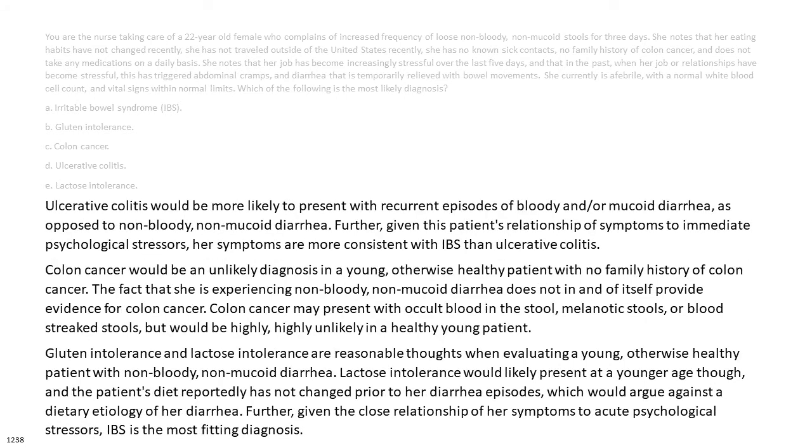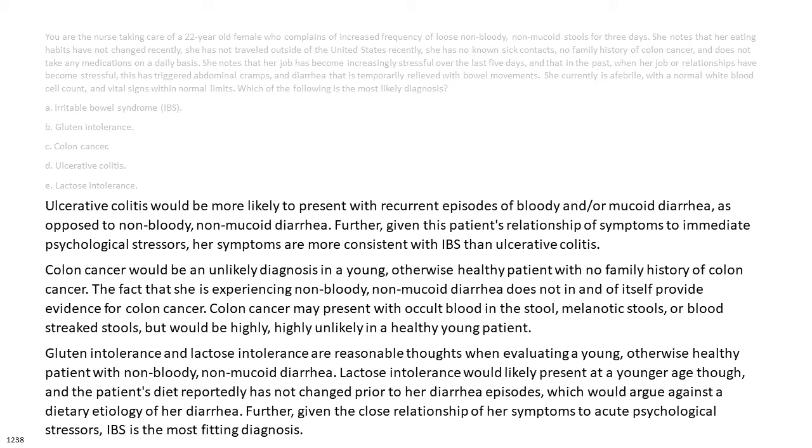Ulcerative colitis would be more likely to present with recurrent episodes of bloody and/or mucoid diarrhea, as opposed to non-bloody, non-mucoid diarrhea. Further, given this patient's relationship of symptoms to immediate psychological stressors, her symptoms are more consistent with IBS than ulcerative colitis.